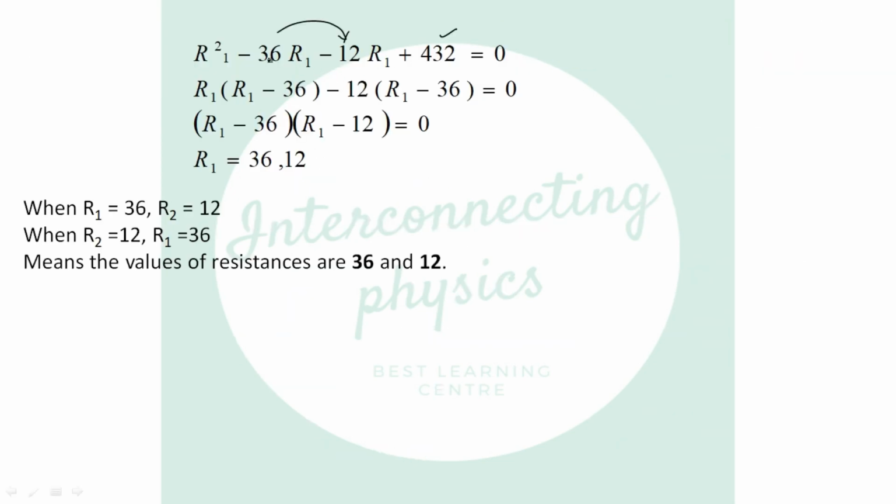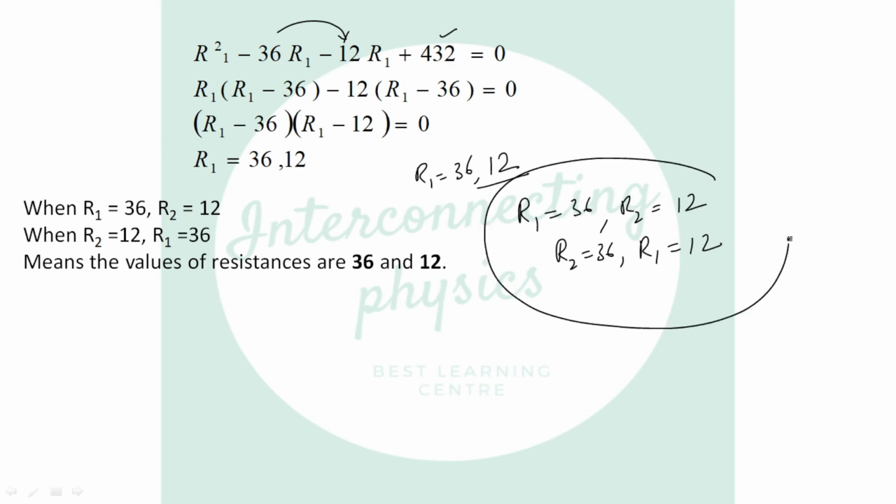So we use factors here. R1 minus 36, and if we take common minus 12, then R1 minus 12. So one is 36 and another is 12. If R1 is 36, then R2 will be 12. If R2 is 36, then R1 will be 12. So that means the resistances are 36 ohm and 12 ohm.